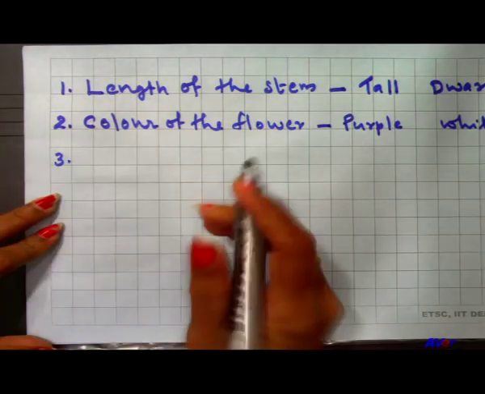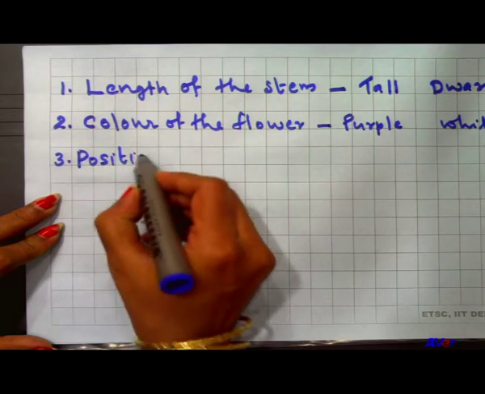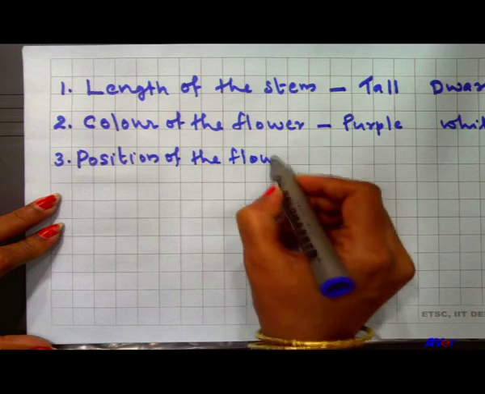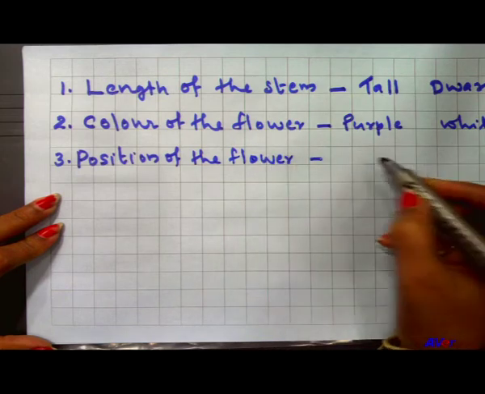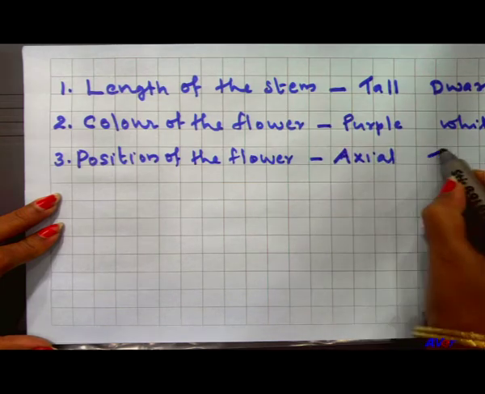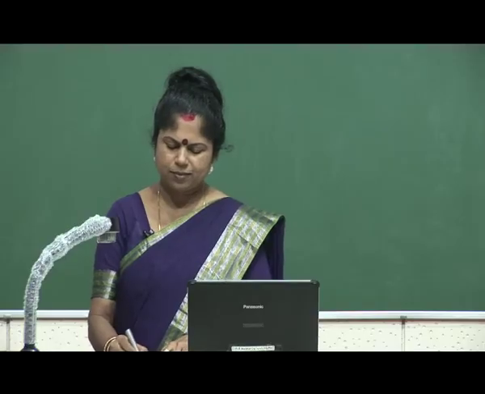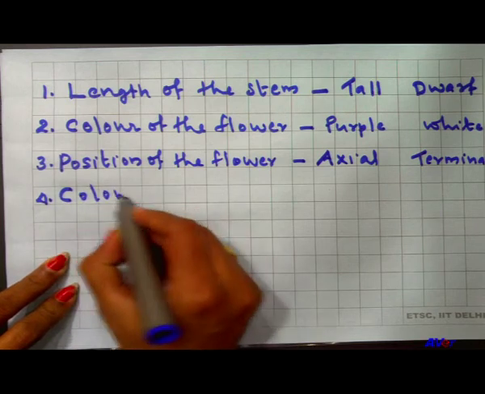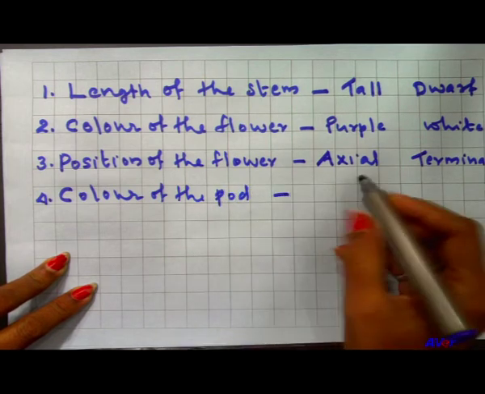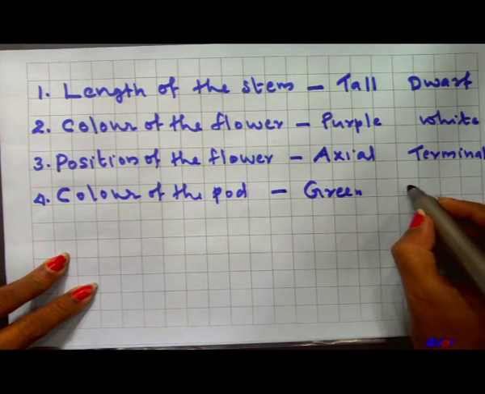Now coming to the third one, position of the flower. It is axial and terminal. Color of the pod, there comes green and yellow.